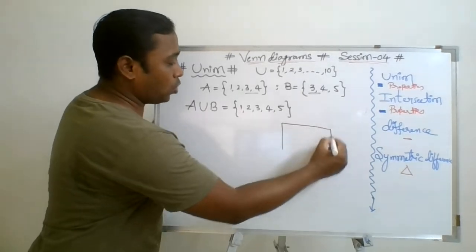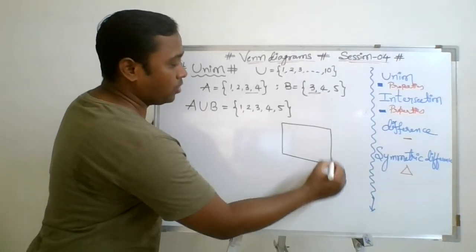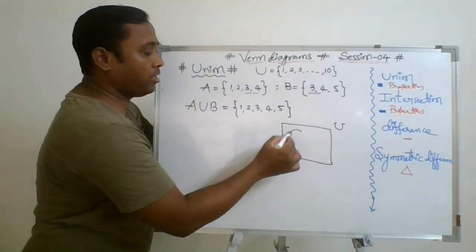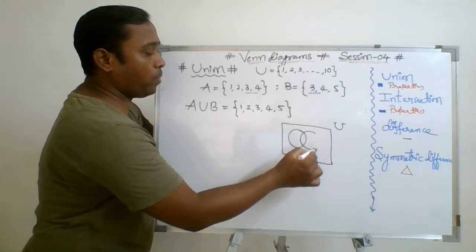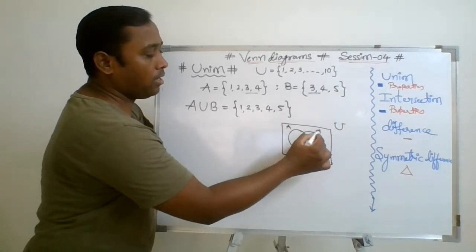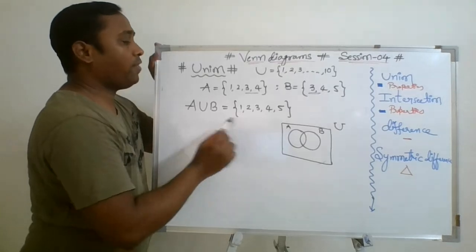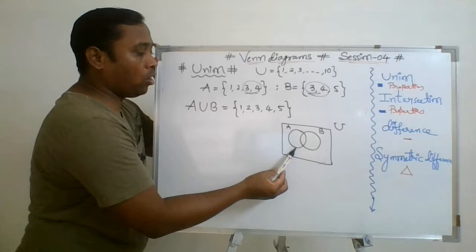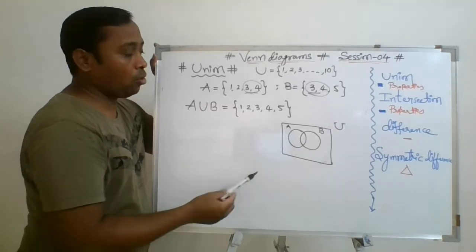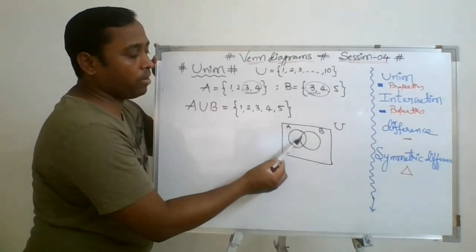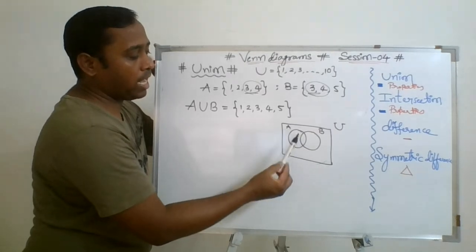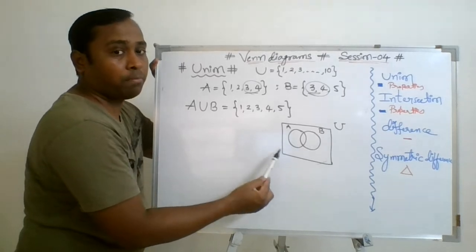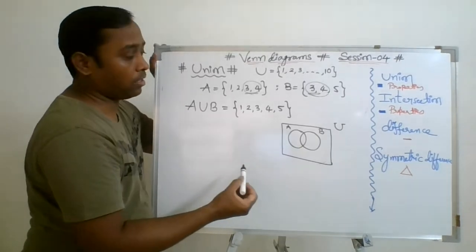I will first draw a rectangle, which always shows the universal set, and then draw two sets with the help of circles, A and B. We know that there are some common elements, that is why I have drawn overlapping circles. Overlapped means some elements are common.